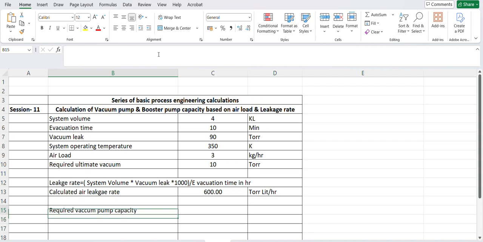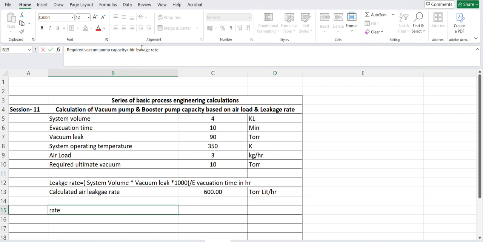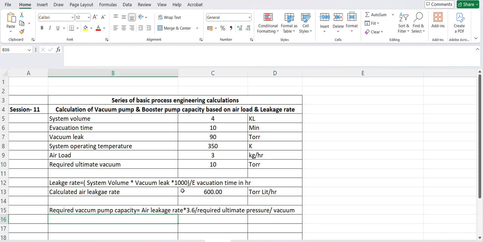It is calculated by the air leakage rate into 3.6, divided by the required ultimate pressure or vacuum. Using simply this formula we can calculate the vacuum pump capacity.